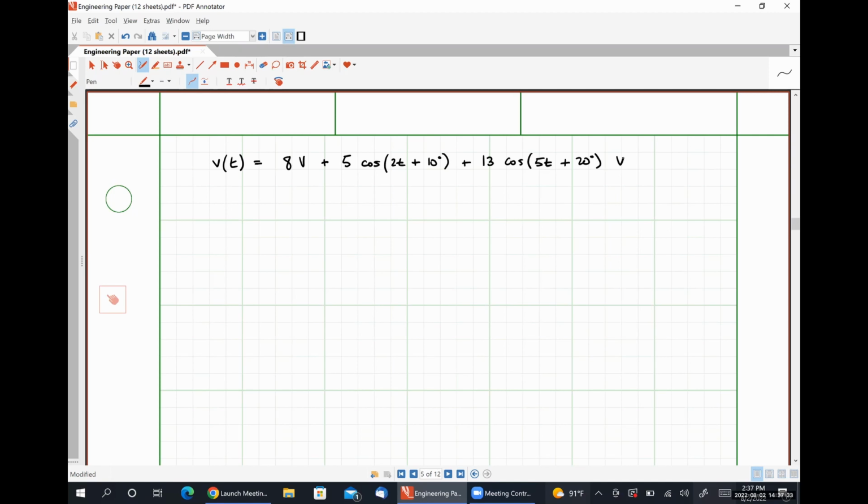Well, one extraordinarily long way to do it would be to literally multiply this function by itself, and we would wind up getting 7 terms once we made some simplifications. And then we would have to throw those 7 terms under our integral sign, do the integration, all that kind of stuff. It's a huge, huge pain in the butt. So instead, what I want to introduce is this equation.